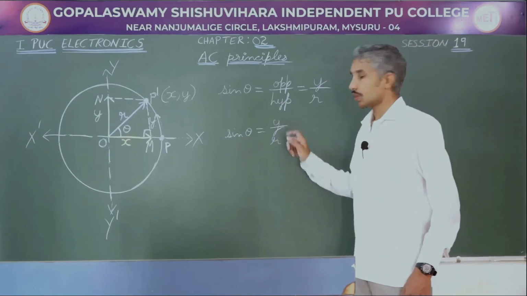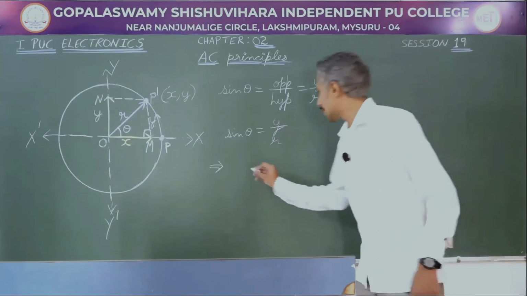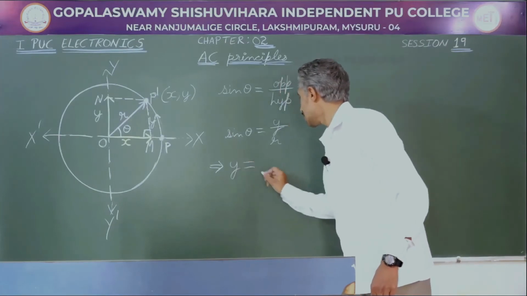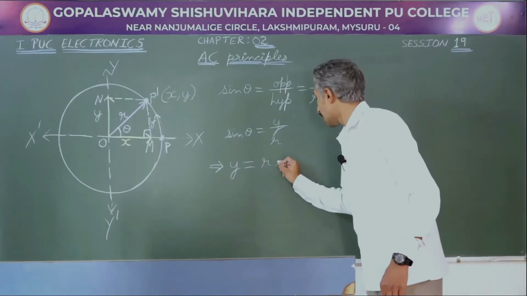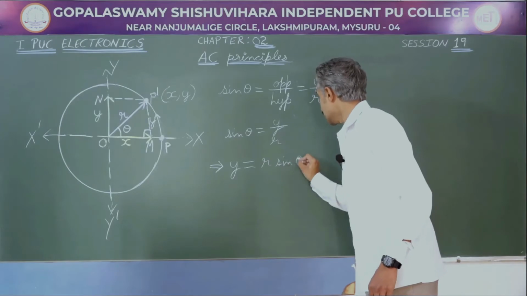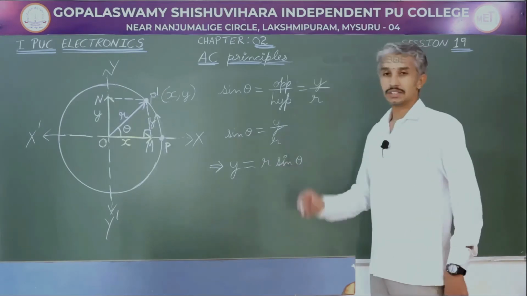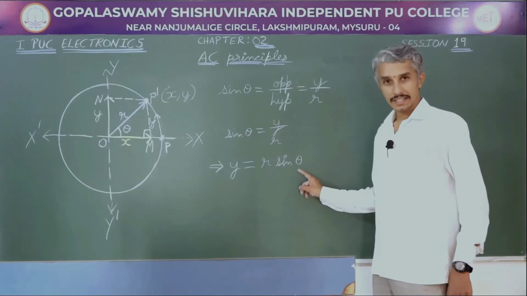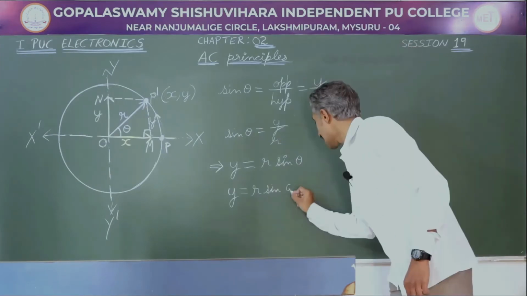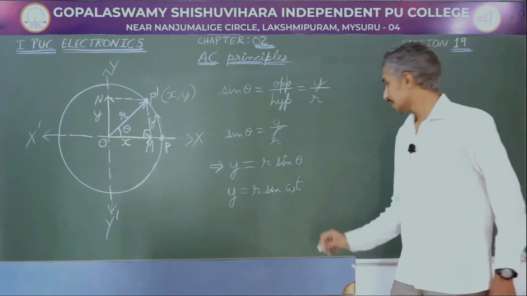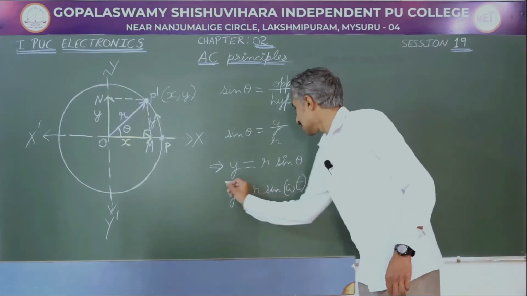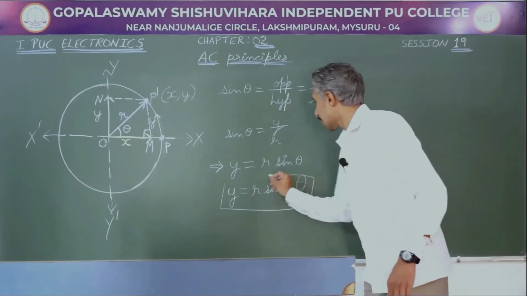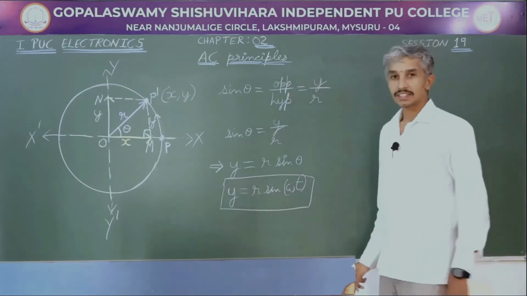I will rearrange for y. On rearranging for y, I will get y is equal to r sin theta. Further, we have learnt earlier that theta, which is the angle covered, can be written as angular speed into time taken, which finally gives y is equal to r sin omega t.